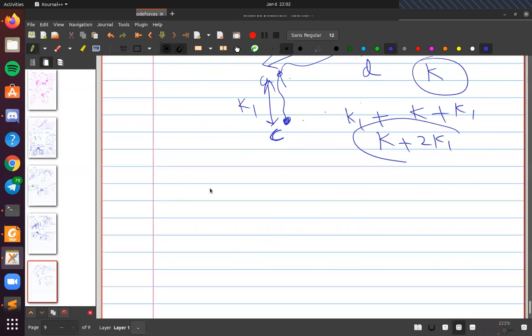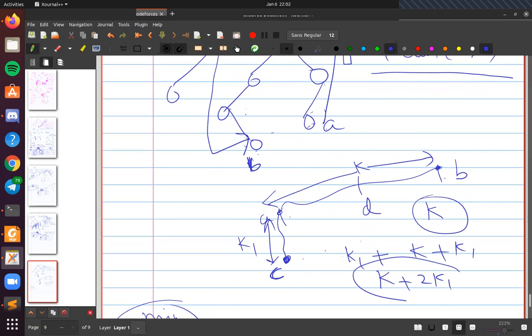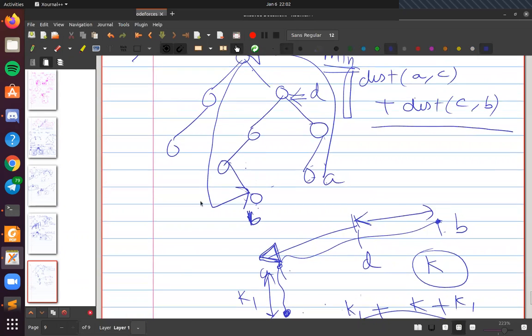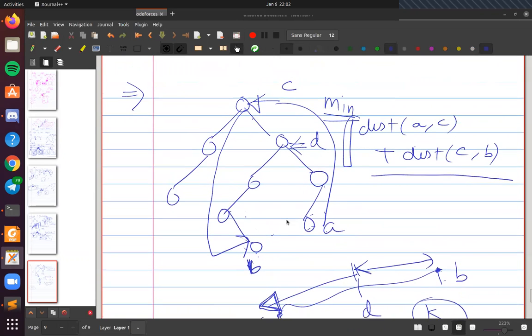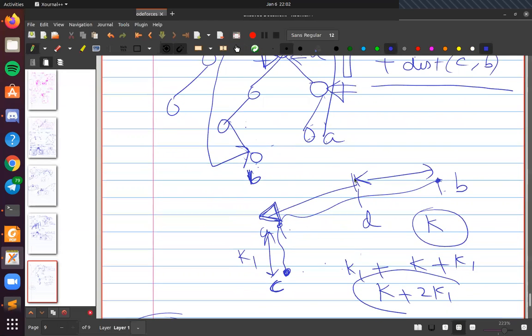But since in this question I am only asking for the minimum, it won't affect the answer, because I am doing this for all the nodes, so I will do it for this node also, and when I do this for this node, which is the LCA, I will get the right answer.